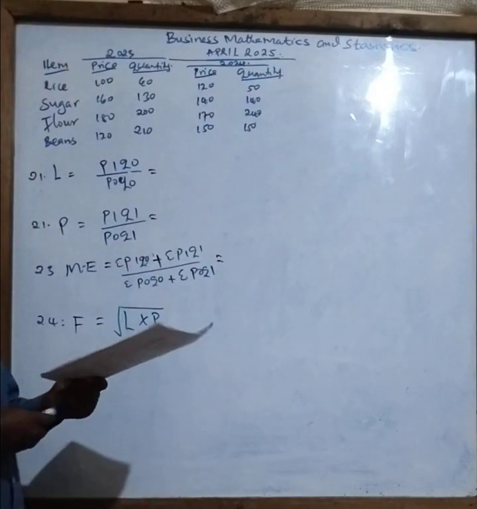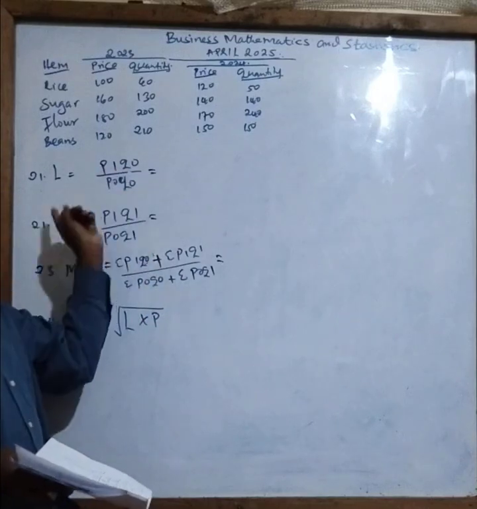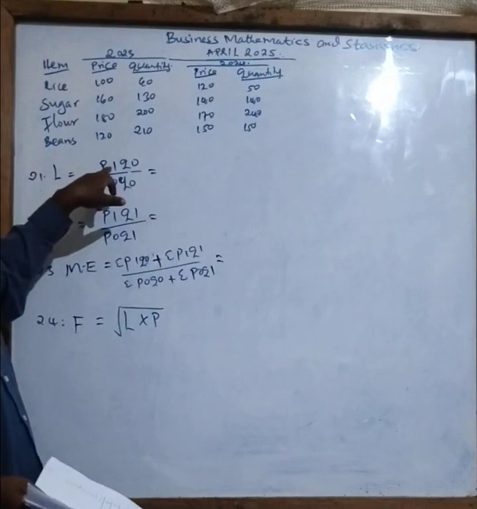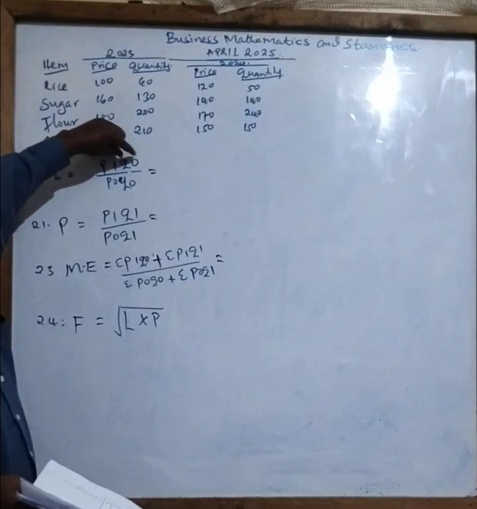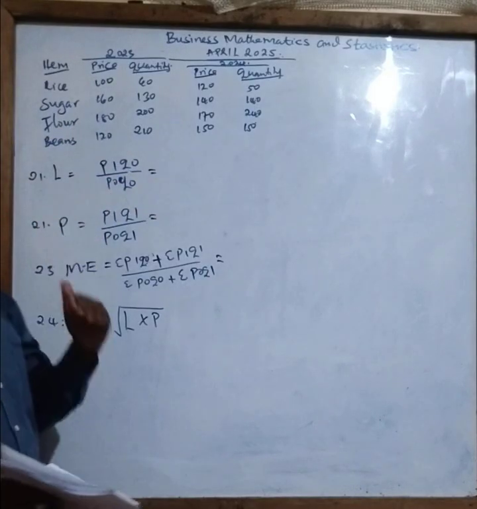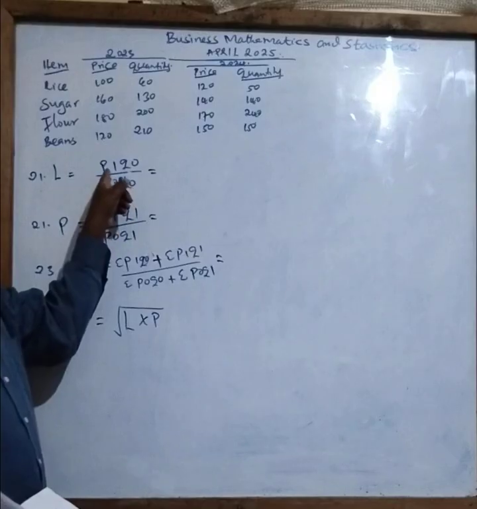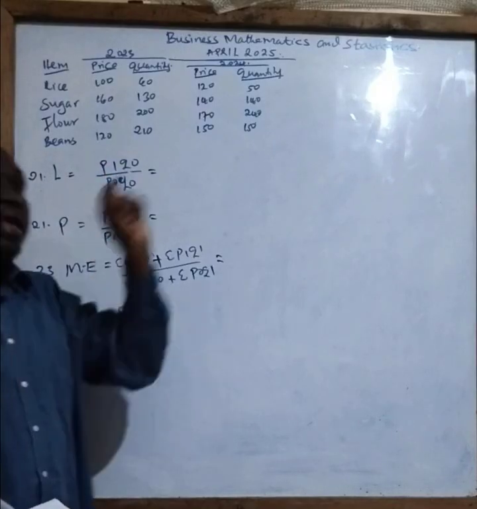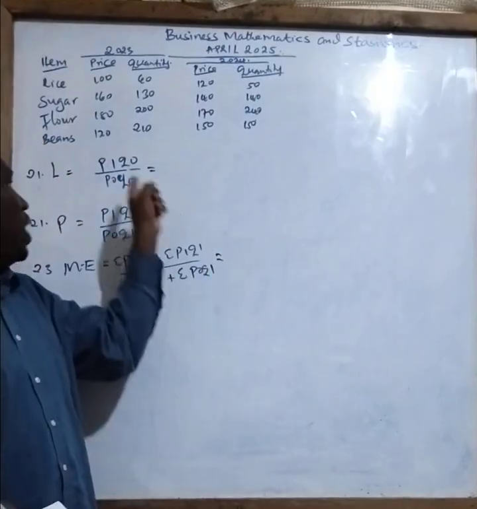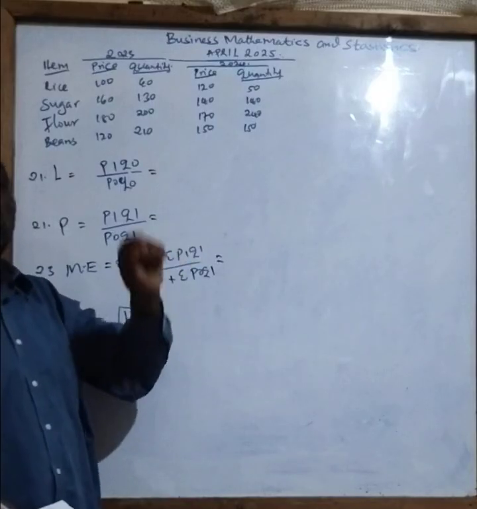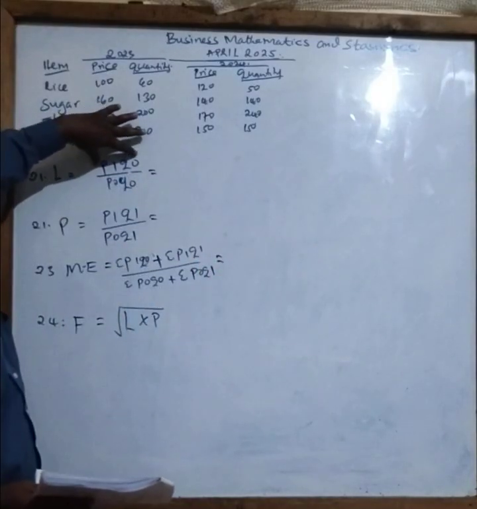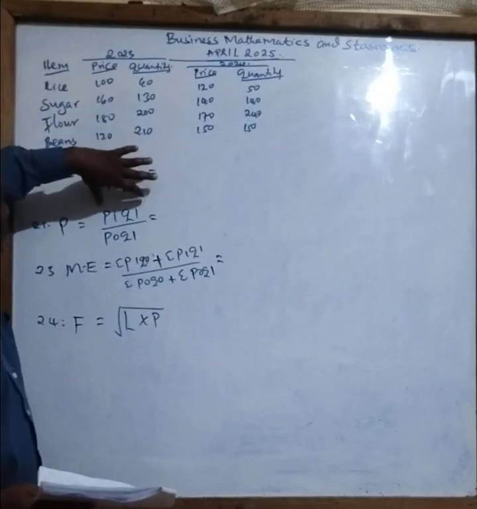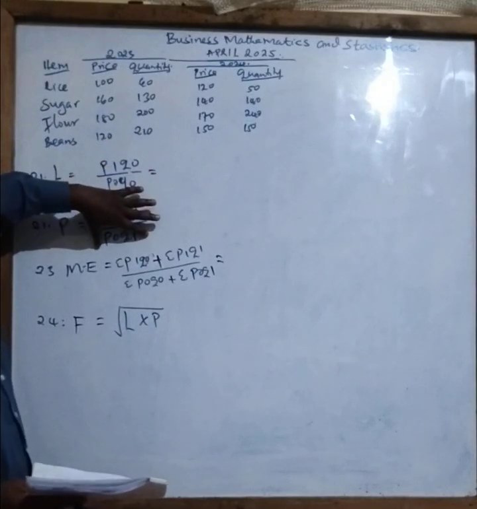The reason I'm calling it P1Q0 and P0Q0 is that P1 is the price after year 1, and P0 is the current price. Where there is P1, I'm calling it P, and where there is Q0, I'm calling it Q0 for the purpose of understanding.